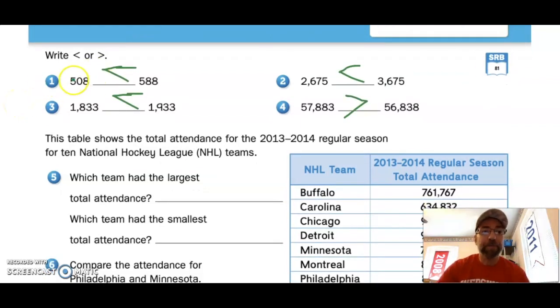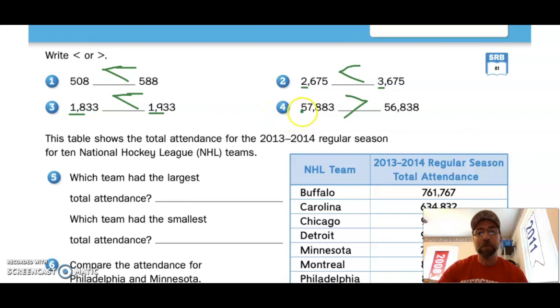For number 1, 508 is less than 588. For number 2, 2,675 is less than 3,675. For number 3, 1,833 is less than 1,933.